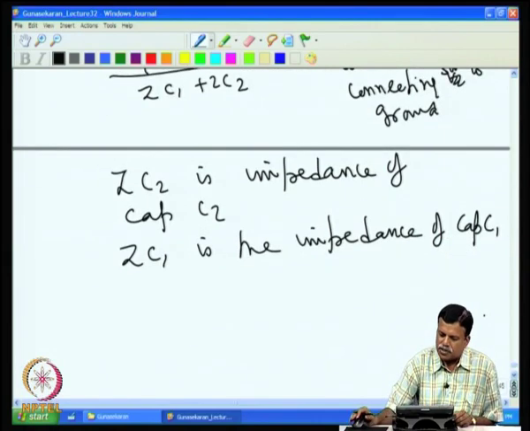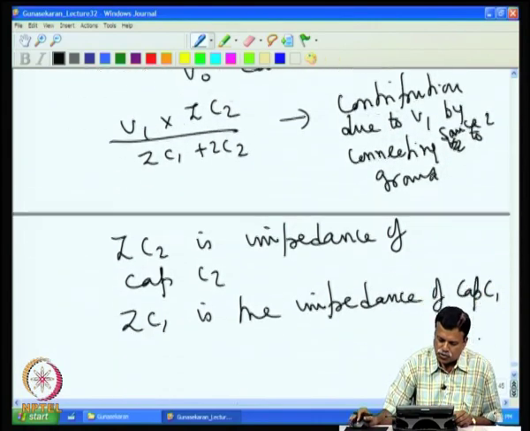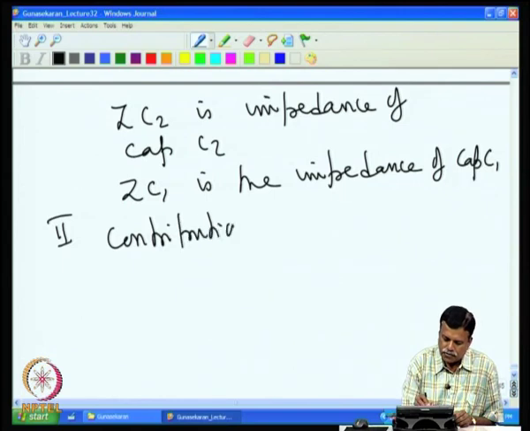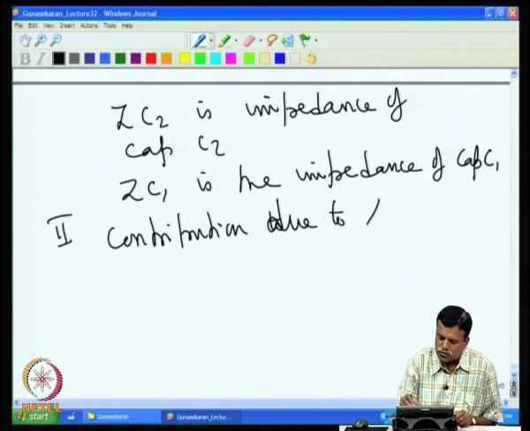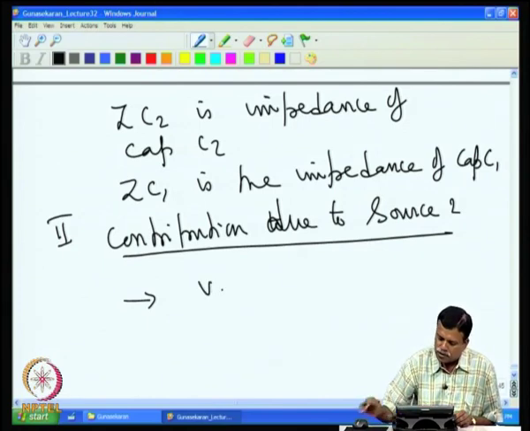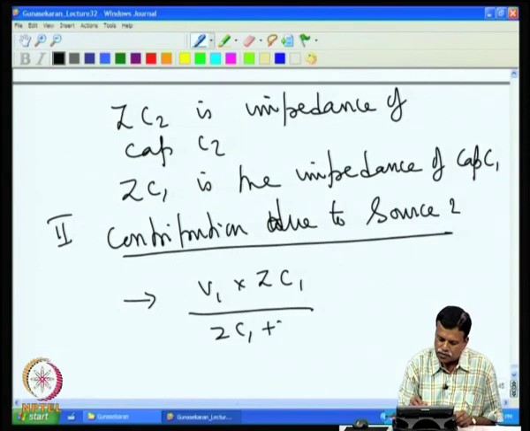Similarly, we can find the contribution due to source 2. The second part is the contribution due to source 2, by grounding source 1. Here we get the contribution due to source 2 as V1, the excitation voltage, into ZC1 divided by ZC1 plus ZC2.